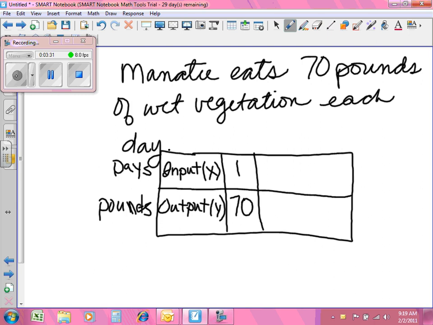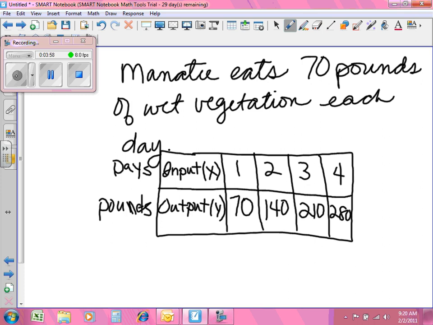Mia, or Marlia? 140. And how many pounds does he eat in 3 days? Ian? Okay. And how many pounds does he eat in 4 days? Maggie? 280. Okay.